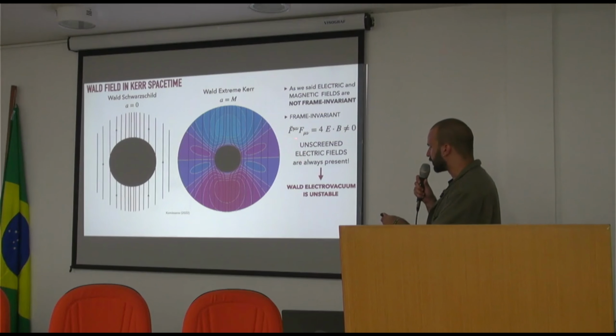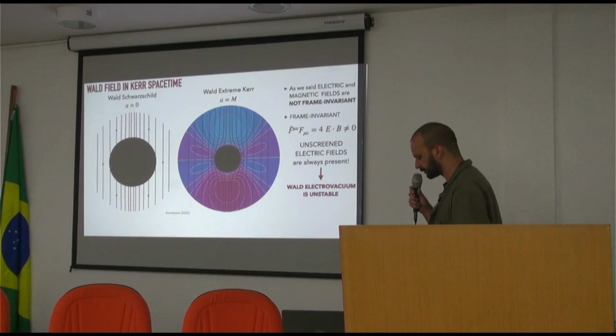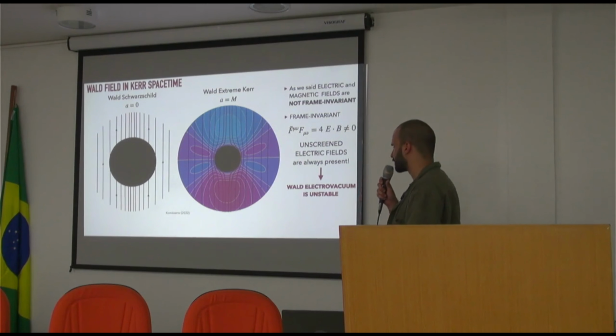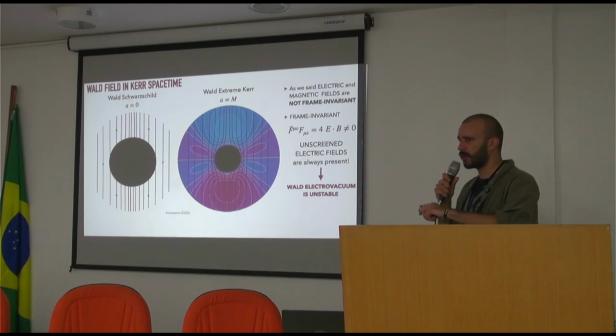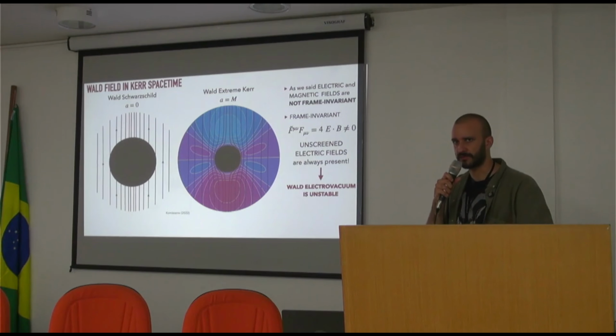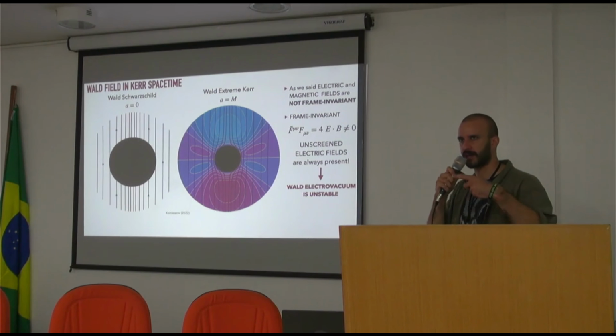So the fact that the Wald solution is characterized by an unscreened electric field that is always present is an invariant statement. The electric field is always generated by a black hole. It's something that you cannot simply cancel out by means of a coordinate transformation.